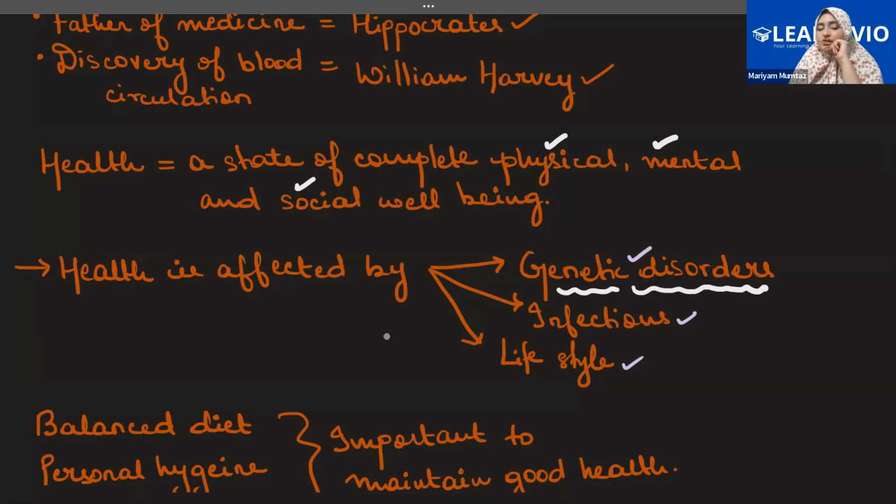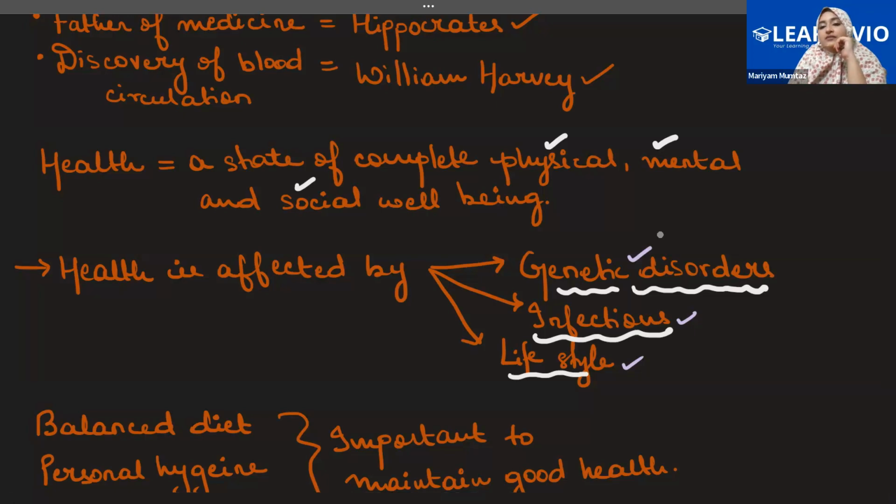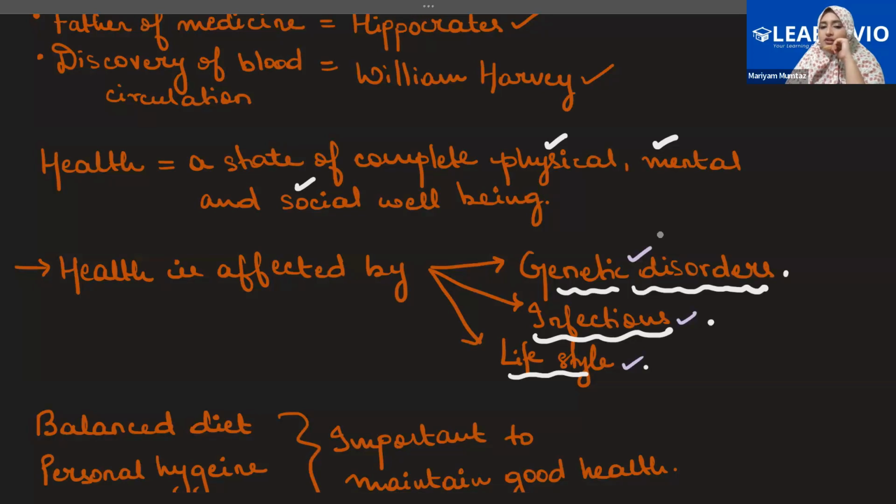After that, there are infections: the person is born normal, but gets infected with some virus or bacteria. The third is lifestyle, whether active or sedentary, all of which affects health. These are the three broad areas by which health can be affected.